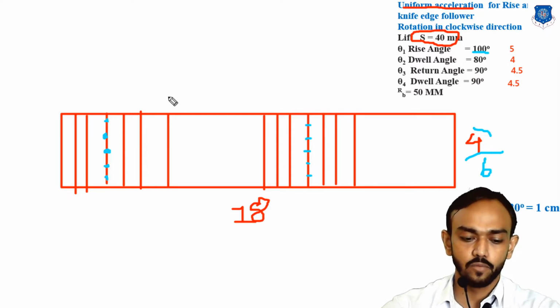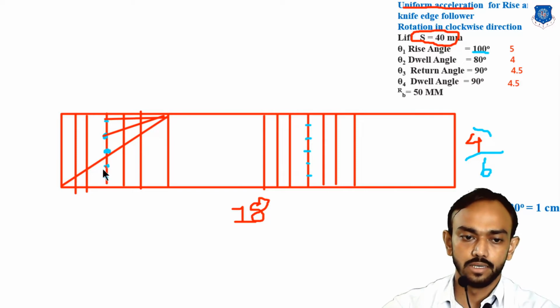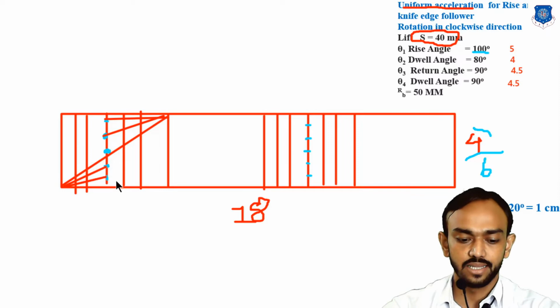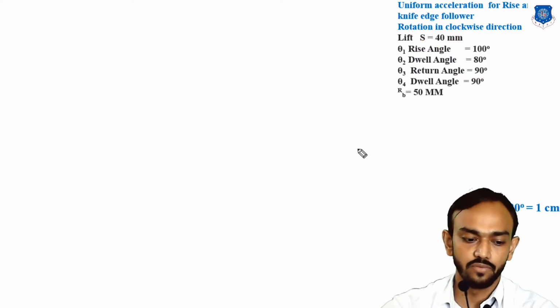After that, we connect this line, with the top 2 points at the end and the bottom 2 points at the bottom. Then we connect these points A, B and the center, and we make this graph for the uniform acceleration.